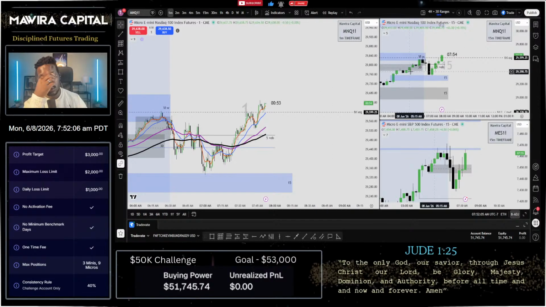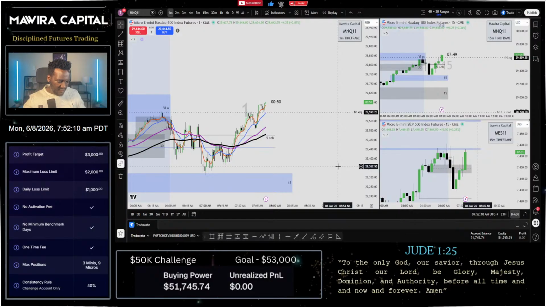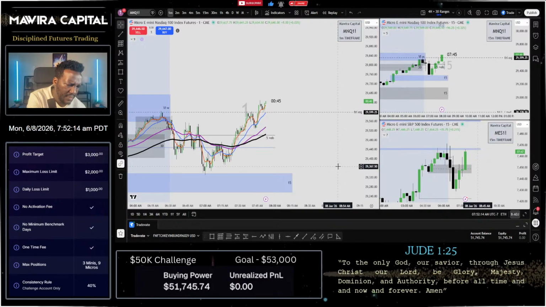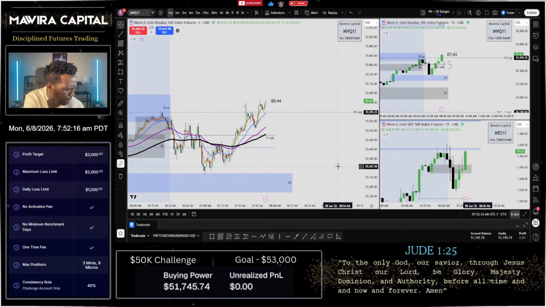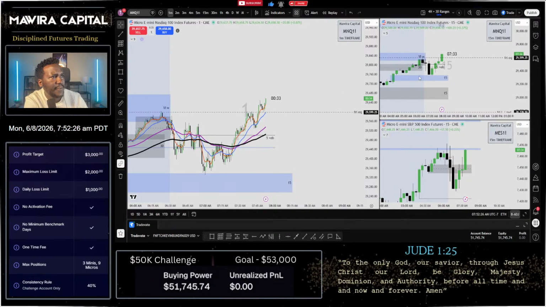For example, on Friday, even after I hit my 1:2, it still kept going down and there was still another signal way down there that would have been a winner. Actually, let's go check out that day.